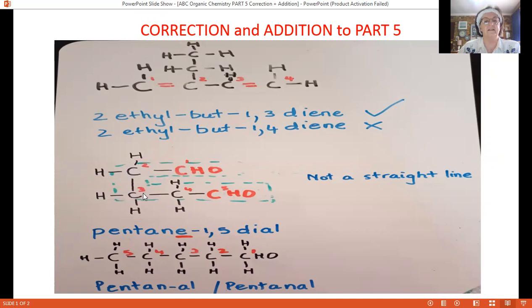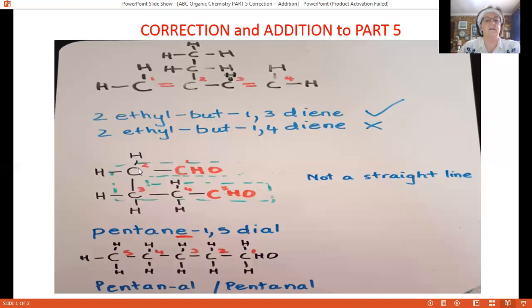You have to identify the longest chain, and it's not necessarily in a straight line. Example here is an aldehyde, because the functional group being CHO. So this is an aldehyde, but there's 2 functional groups here.